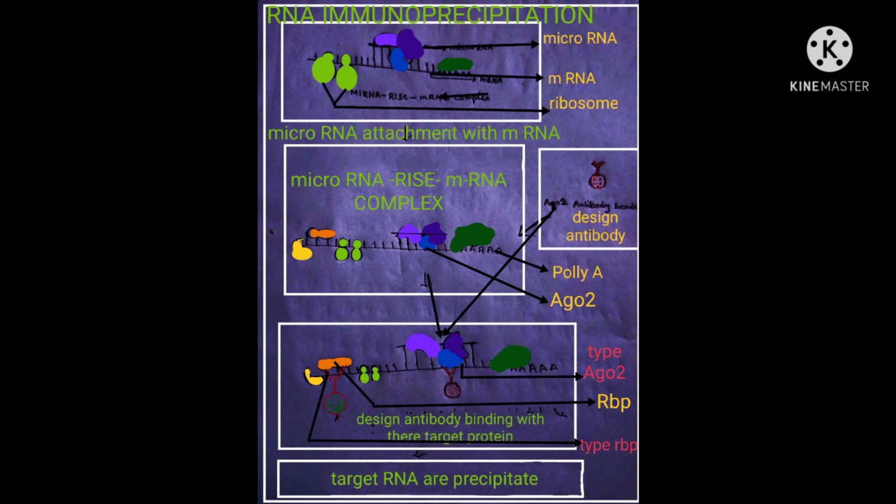This complex binds with the RBPX protein of the messenger RNA, drags it down and precipitates it. In this process, RBPX type of precipitation occurs in mRNA.